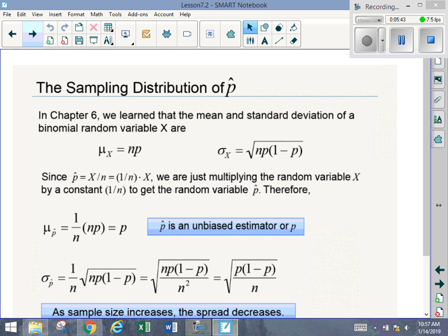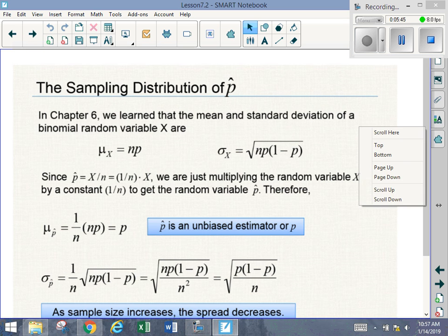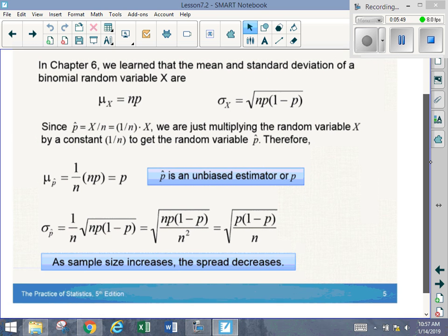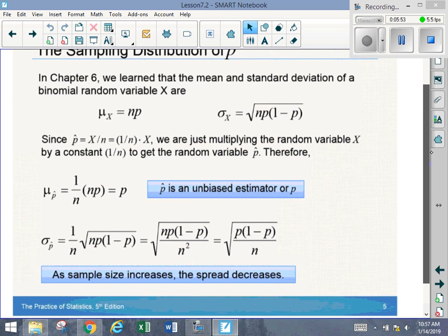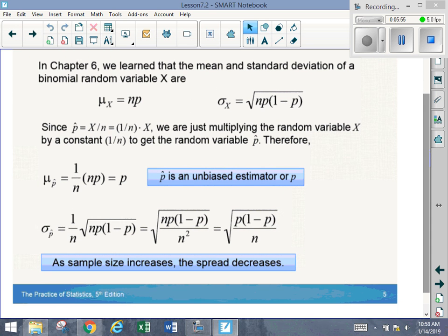We learned that the mean and standard deviation of a binomial random variable x are those things, right? It turns out that we have a similar thing.